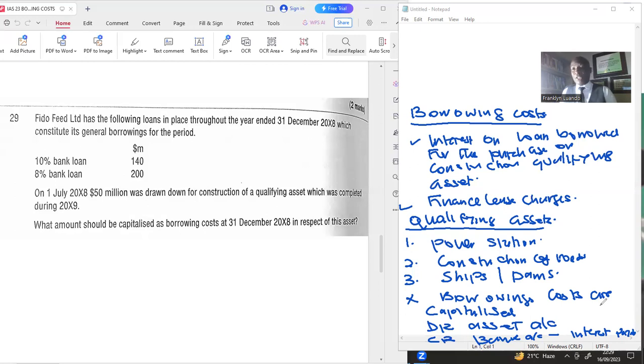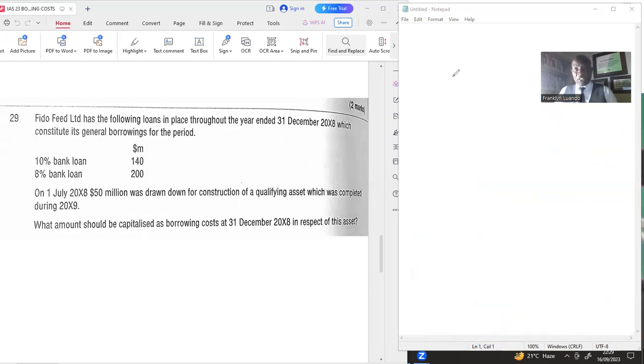Now, I want to explain how we calculate this interest. Interest is calculated for the period when there was activity to prepare the asset to be ready for use or sale.